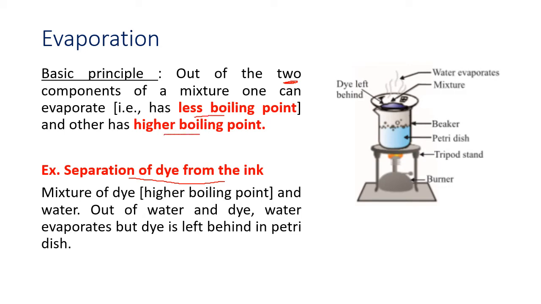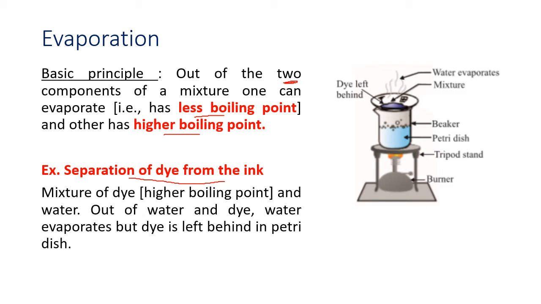It means when you heat this mixture, the one with the lower boiling point will evaporate and go away, and the one with the higher boiling point will not boil easily and will remain back. So when is the method of evaporation used? When there is a difference in the boiling points of the two components of the mixture. So evaporation can only be used when there is a difference of boiling point.